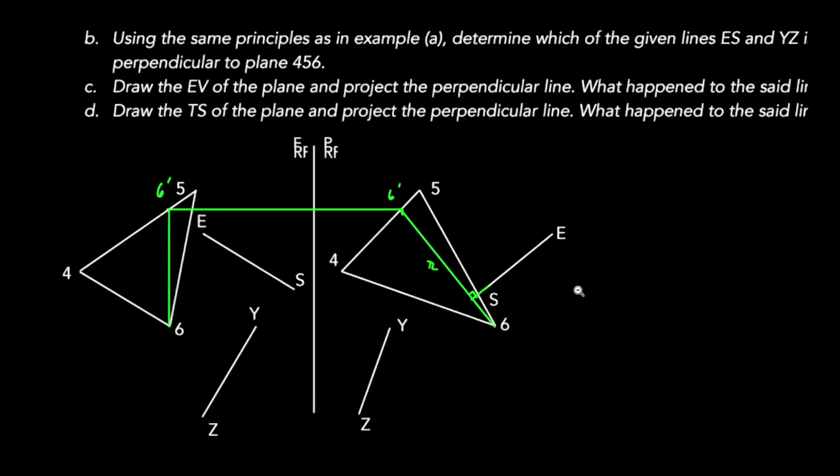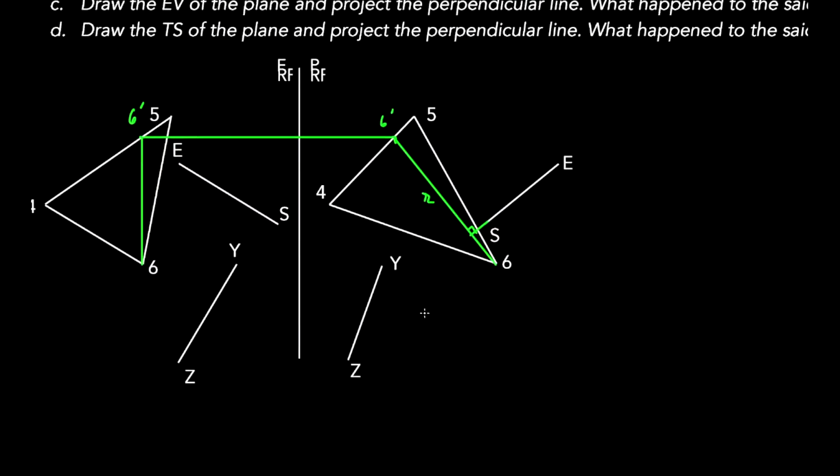So, pwede ang proof natin dito is that si 6, 6 prime, which is true length, is perpendicular to ES. And in the PRP, this is most likely PRP to, medyo na sira lang yung formatting niya.